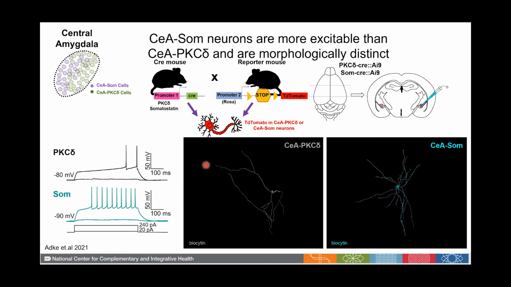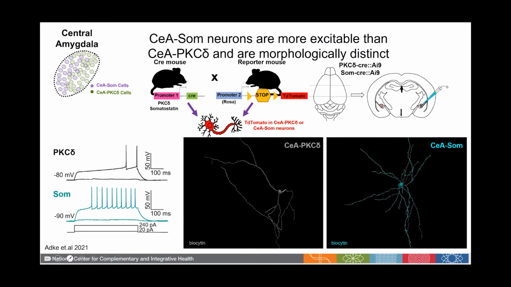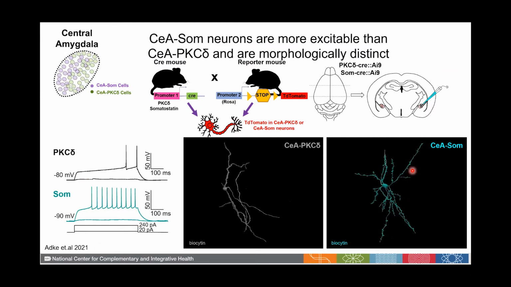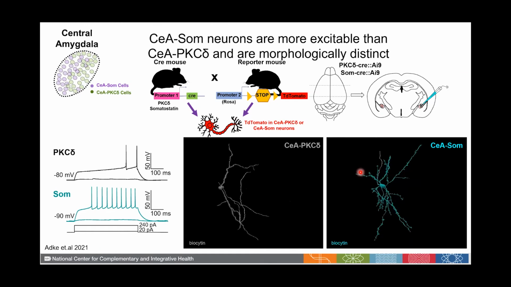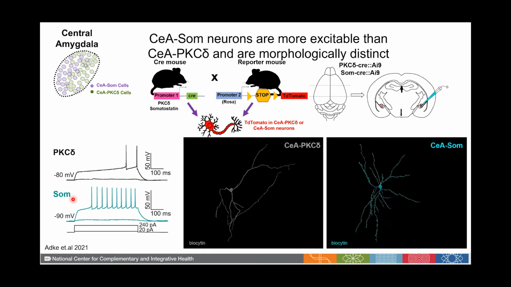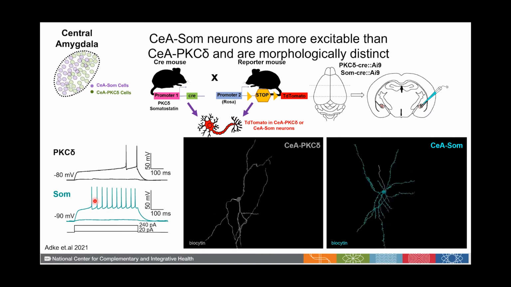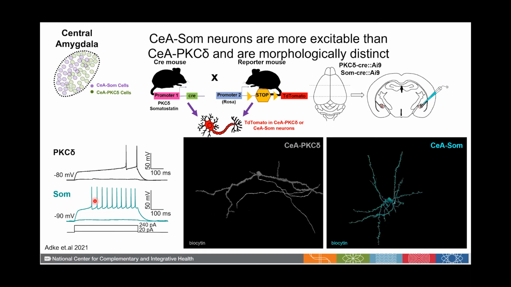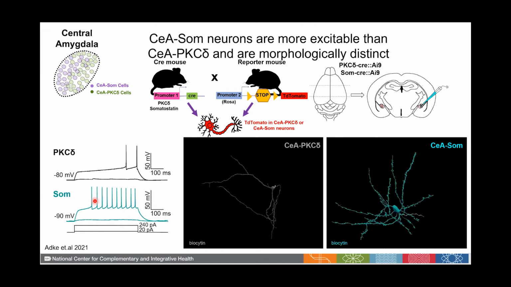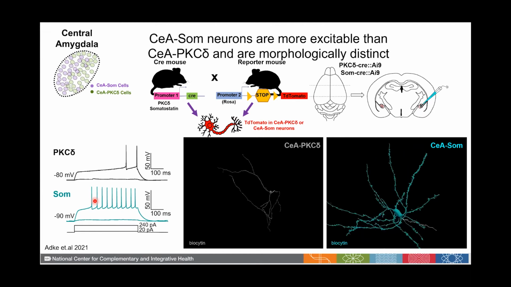Okay, so what we see is that Anisha did this beautiful characterization that you can see in her paper, but the two main distinguishing features are clearly appreciated both in these videos and here in these representative traces. The bottom line is that in addition to these neurons being genetically distinct, they're also electrophysiologically and morphologically distinct.